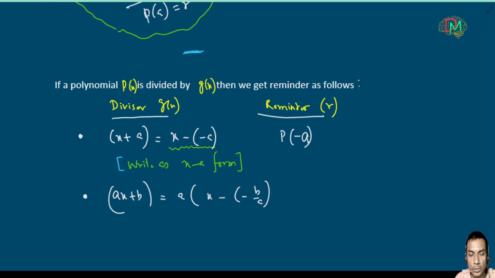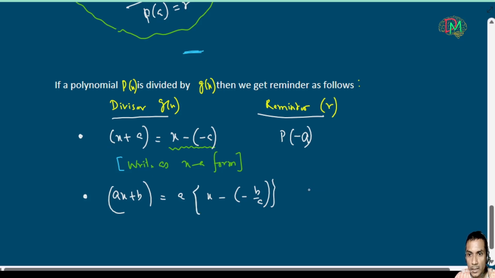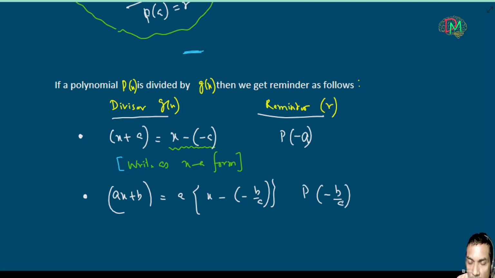So here also, you can write it as a second bracket. And you have to write p of minus b by a. Clear? If we put the value minus b by a into the given polynomial, you get the remainder.